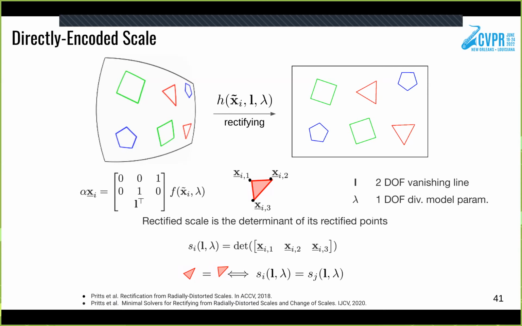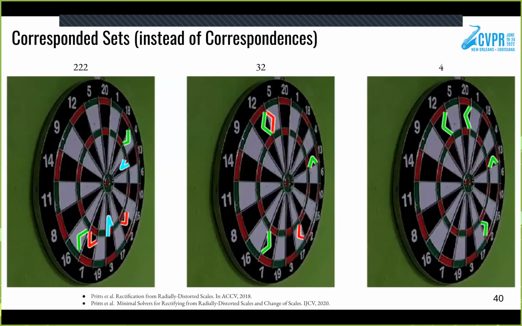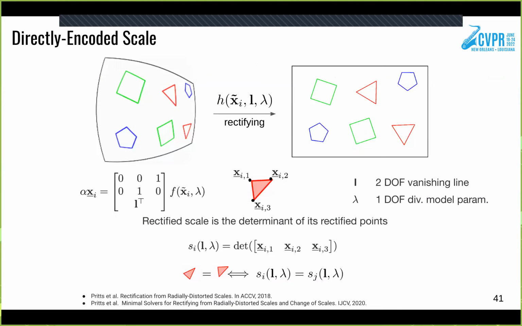If we have an affine covariant region, one of these triplets of points, then we apply that rectifying transform to the basis. And the determinant of those points, if we put them into a matrix, is the scale of that particular affine covariant region.